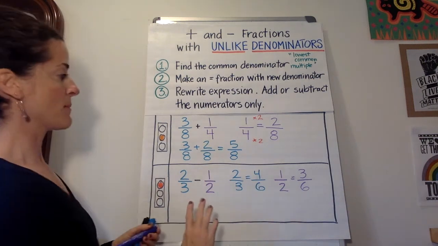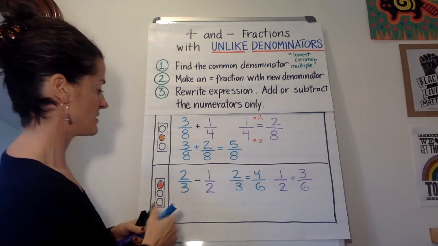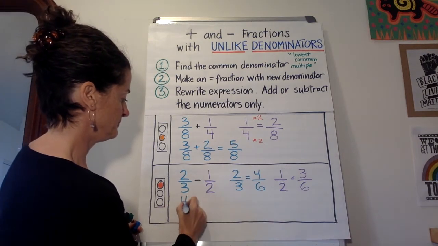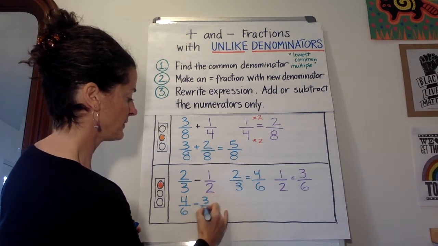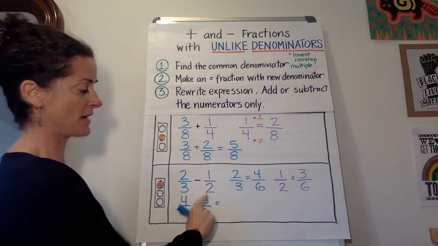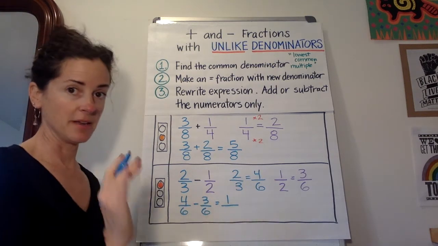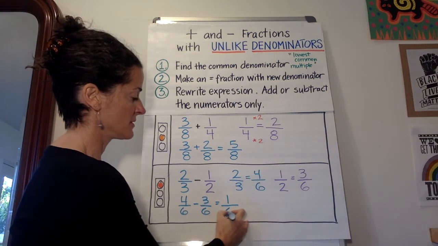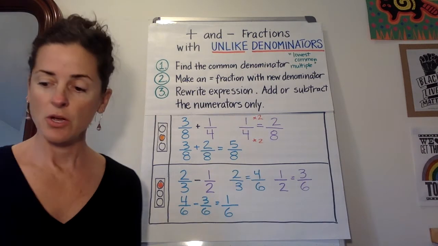Now I can rewrite my problem as 4/6 minus 3/6 and I can complete my subtraction by subtracting the numerators and keeping the denominators as they are. So 4/6 minus 3/6 is 1/6.